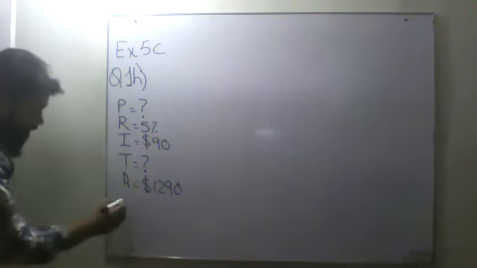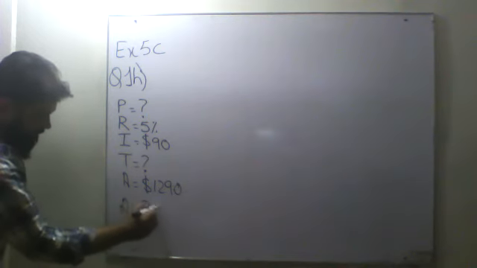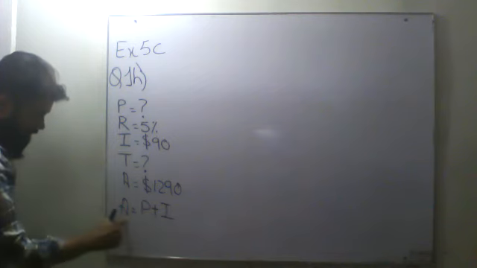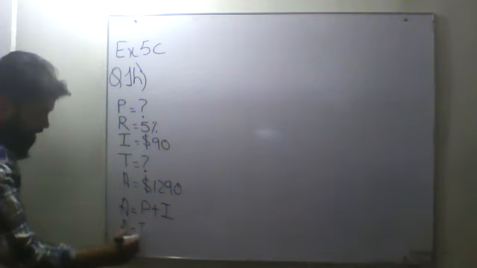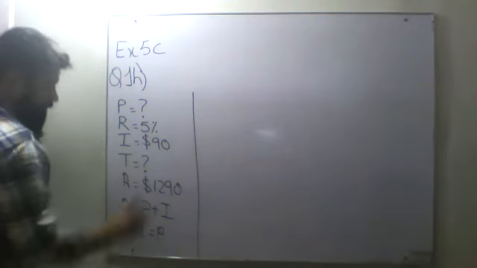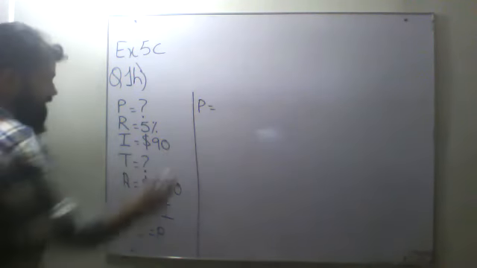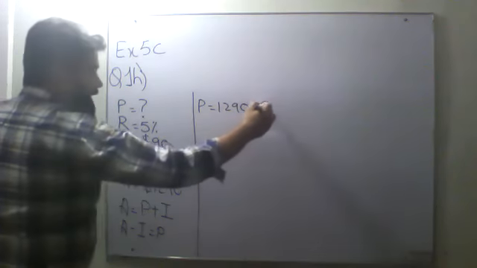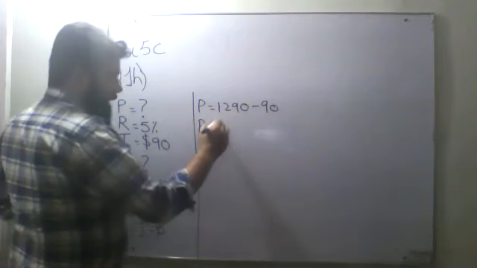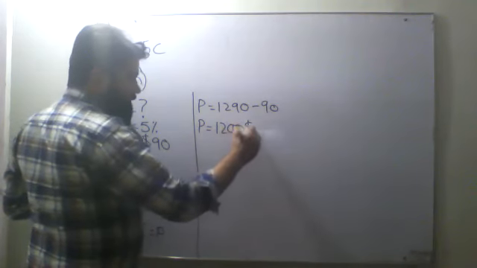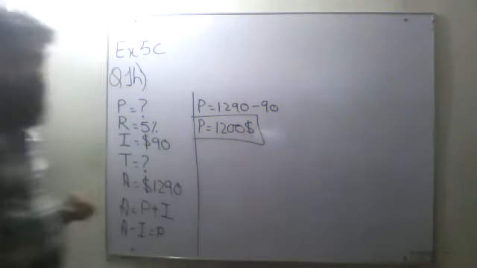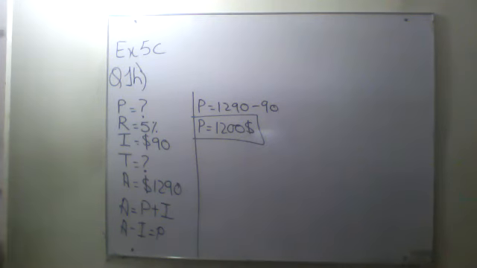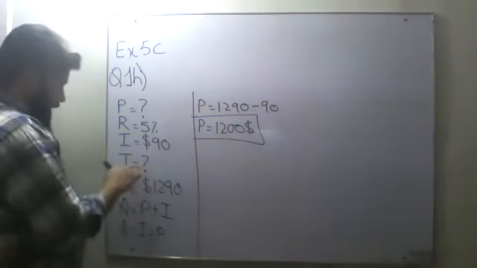But there is another formula, A equals to P plus I. So I will be shifted over here, A minus I equals to P. P equals to the A value, 1290, minus the I value, 90. Simplifying it, my principal will be equals to $1,200.